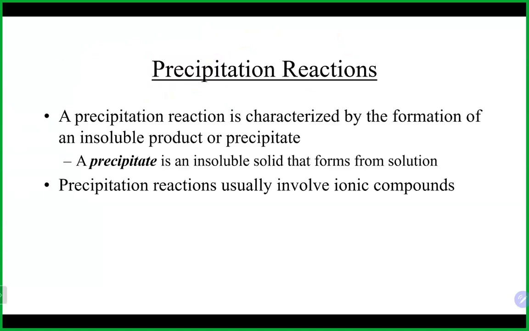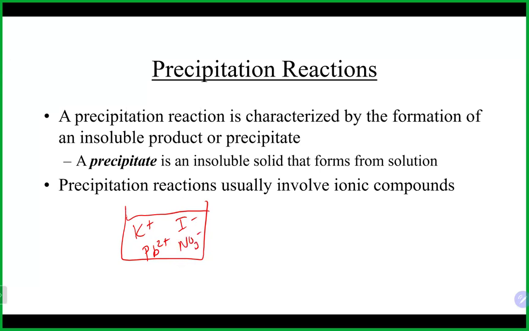A precipitate is made when, as you saw yesterday, you mix two solutions together and make a solid. A solid basically comes out of solution, like that yellow that you made. In your beaker, when you mixed everything together, you had K+ ions floating around, I- ions, some lead 2+ ions, and some nitrate ions.